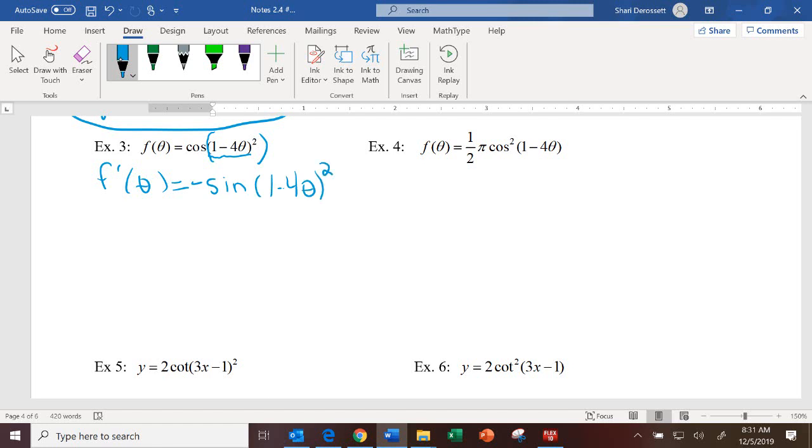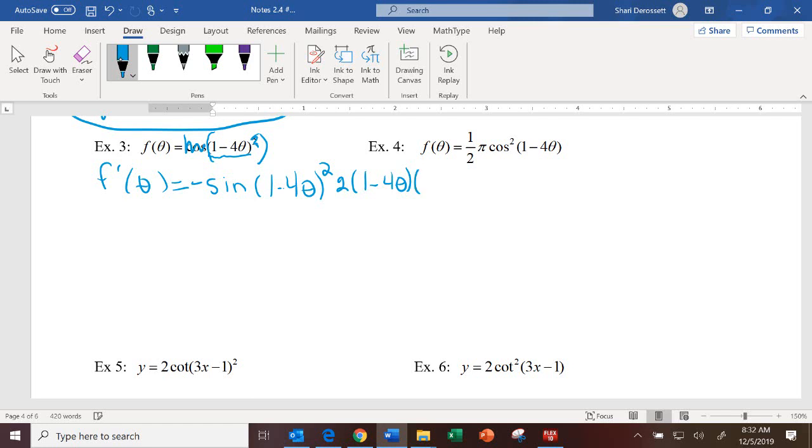Okay, so I did the derivative of cosine, so now I'm to this. How do I have to think of this? U squared, right. And what's the derivative of u squared? 2u. Okay, so now I did this derivative, and I'm working my way inside the parentheses, and what's the derivative of that part?